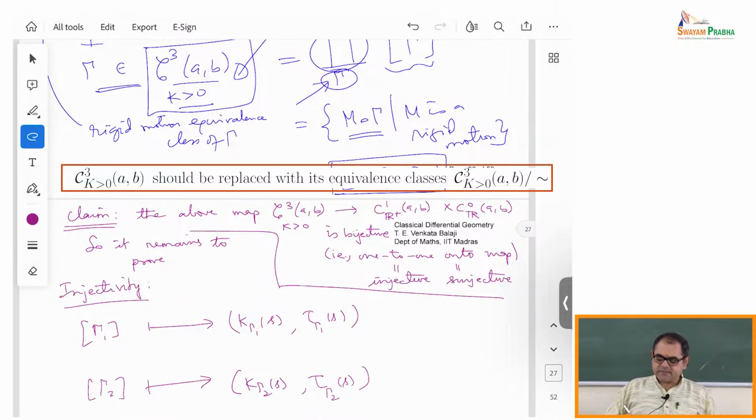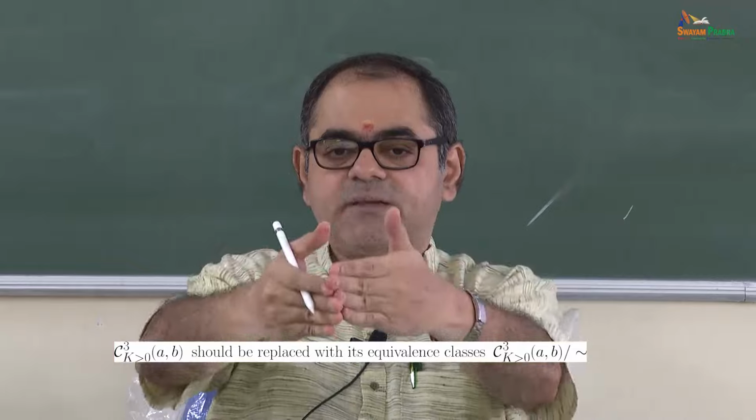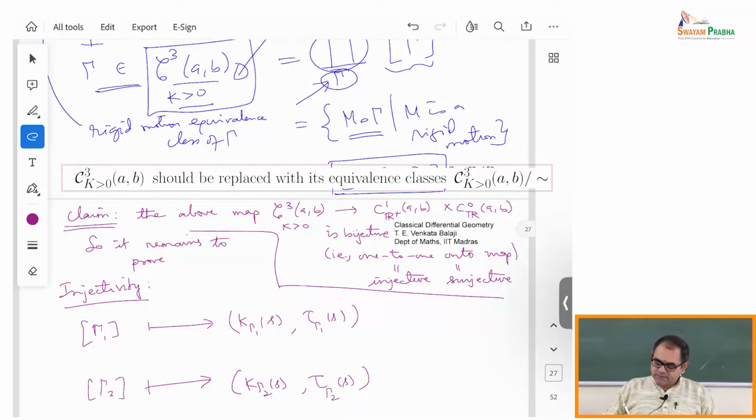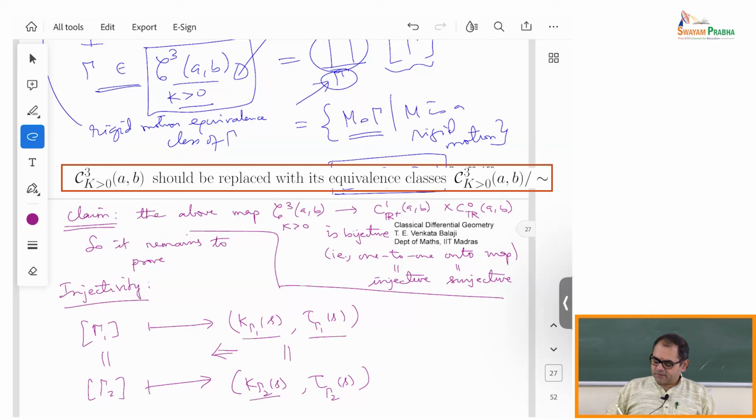And injectivity is: if two elements go to the same element, then these two elements must be equal. So if k gamma 1 equals k gamma 2 and tau gamma 1 equals tau gamma 2, then the class of gamma 1 is equal to the class of gamma 2.